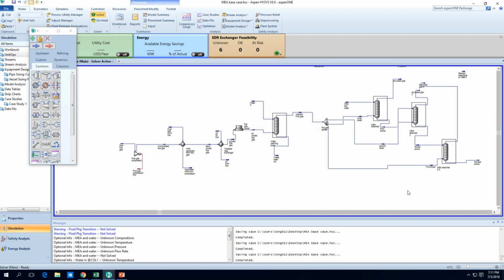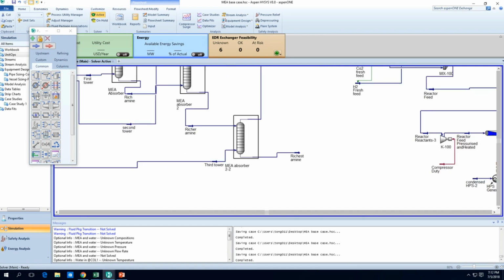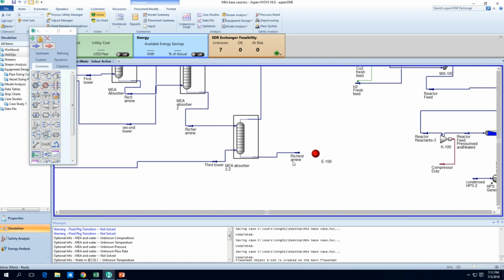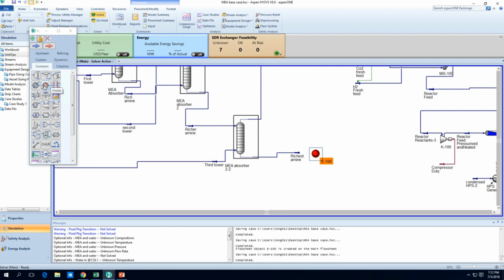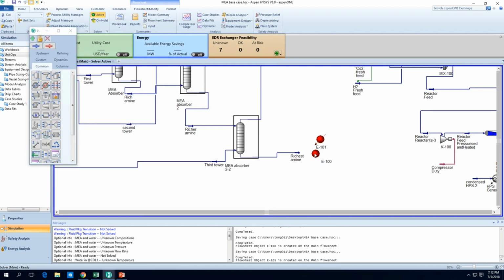Let's do some heat integration, but maybe we'll do that later. So I'm just going to put a heater, because we want to do the heat integration later.